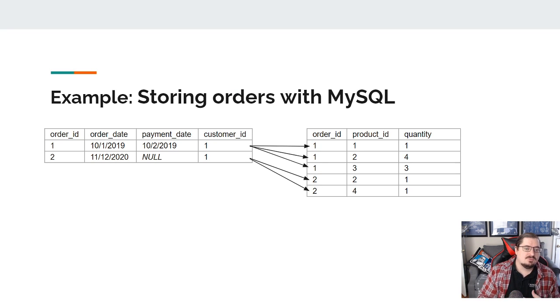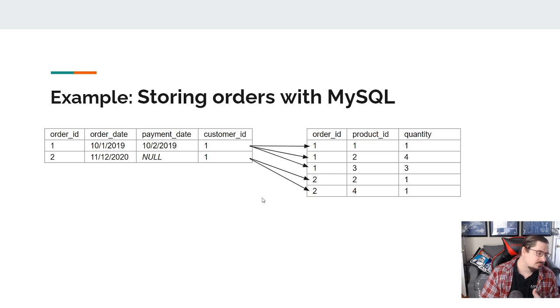If I think about storing orders in a relational database, maybe we talk about MySQL, but this really applies to any relational database. I'm going to organize things with tables. So here I've got my orders table, and here I've got my order items table, and there's a mapping between those two things. Every order has some order items, the products you're ordering.